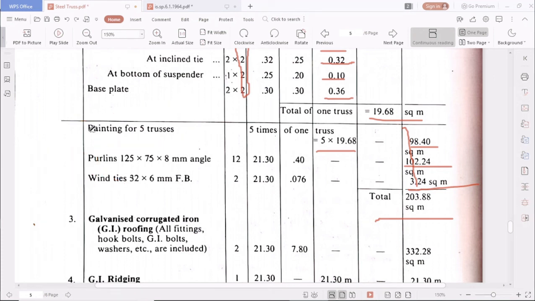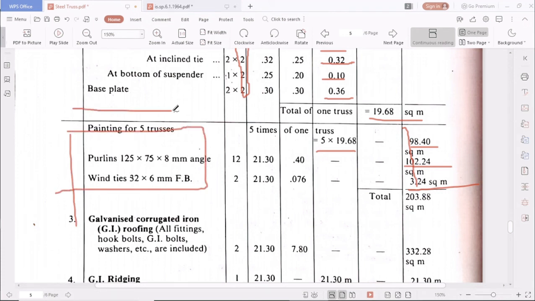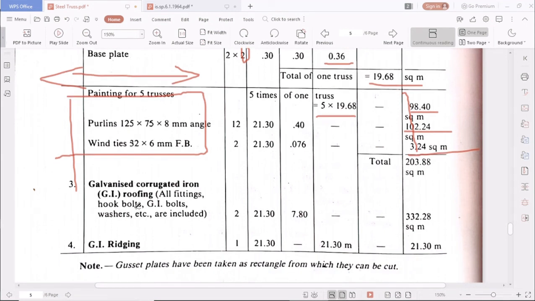The effective span was 21.30. So what was the plan? The plan was like this, and this distance was 21.30. How many GI sheets do we need? We need two, one on each side. The length will be 21.30 and the breadth 7.80.